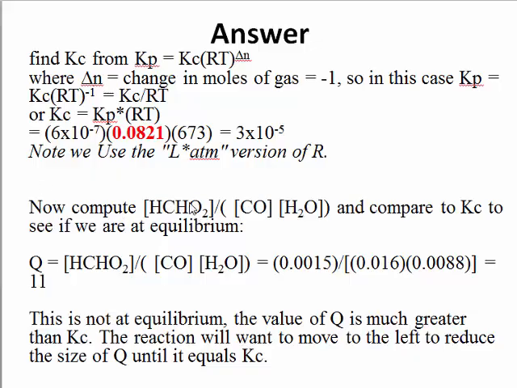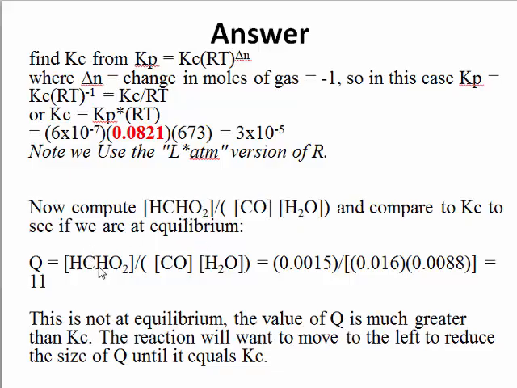Now, compute the reaction quotient Q, formic acid concentration over CO concentration times water concentration, and compare to our value of Kc to see if we are at equilibrium.